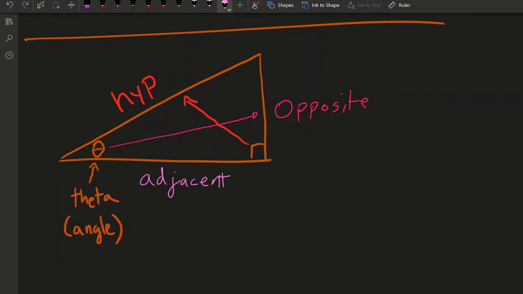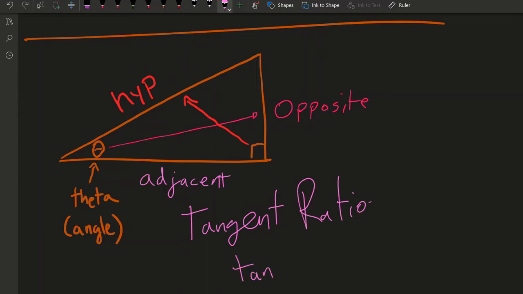Now the tangent ratio is simply the tangent of theta is equal to the opposite side divided by the adjacent side.